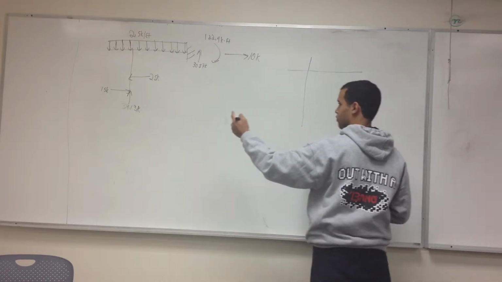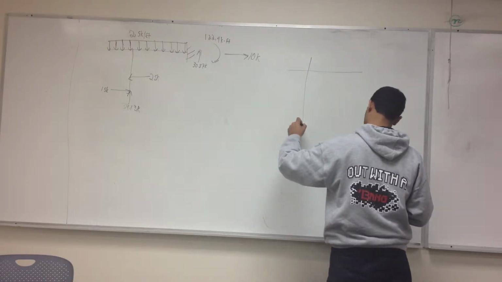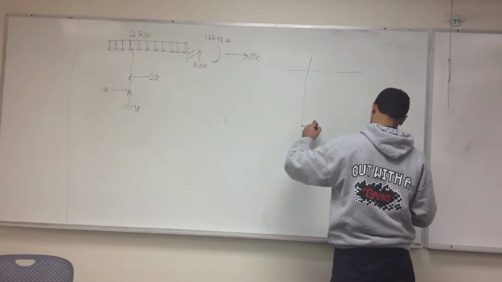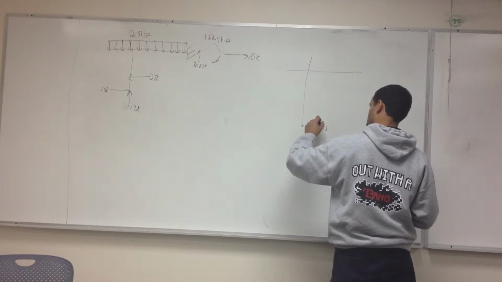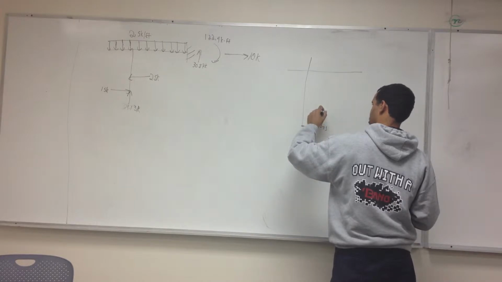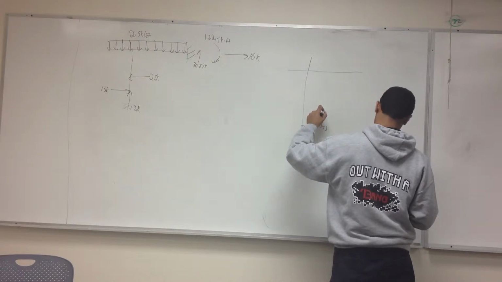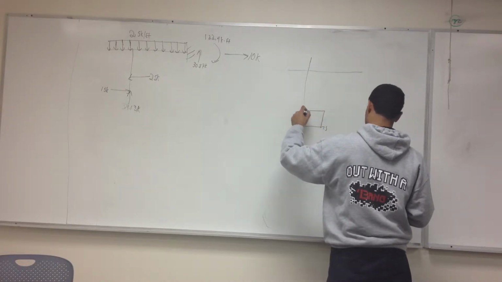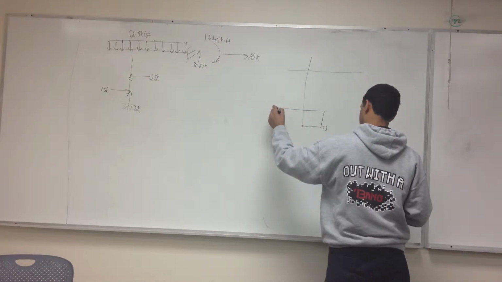We use our 15 kip load. We go to -15. Then it goes continuous. Then we see the -25 kip, which brings it down to -10.